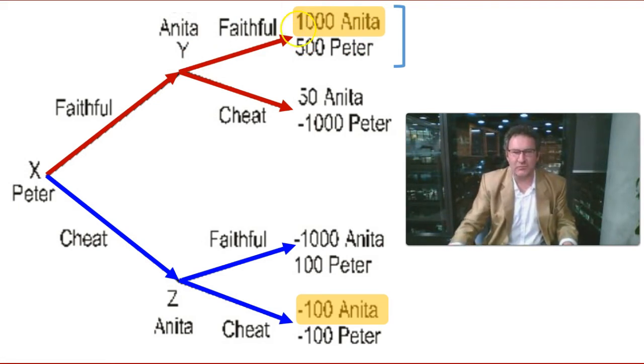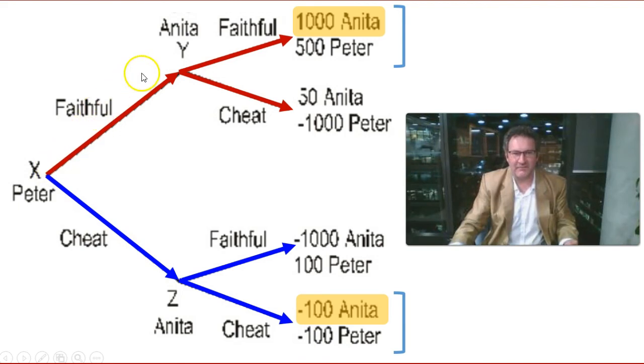In which case he would take home, so to speak, 500 units of happiness. On the other hand, if he were to cheat, he's deduced that Anita would similarly engage in a tit-for-tat strategy. She would cheat too. In which case, he would take home 100 units of unhappiness. Which is better?